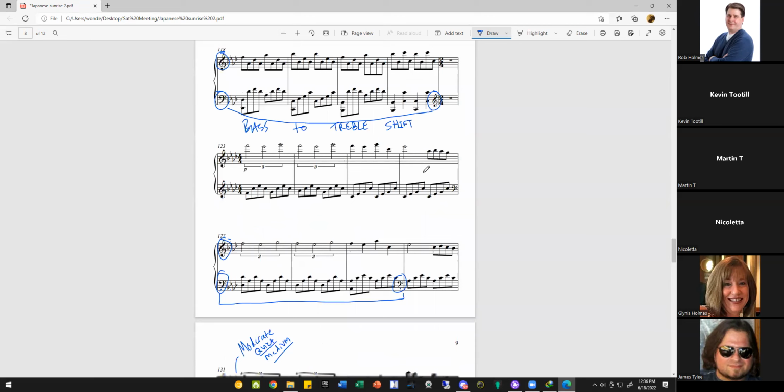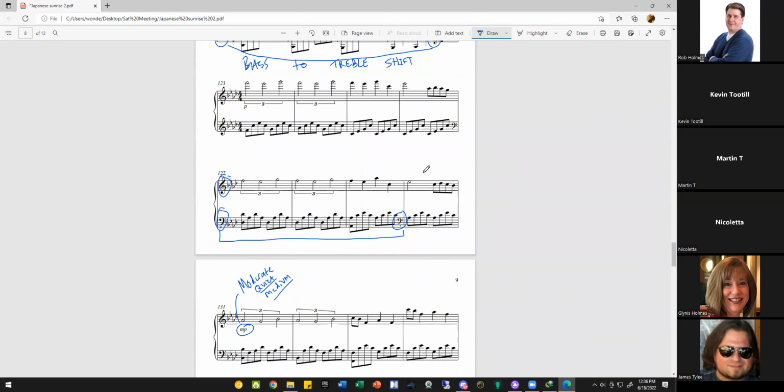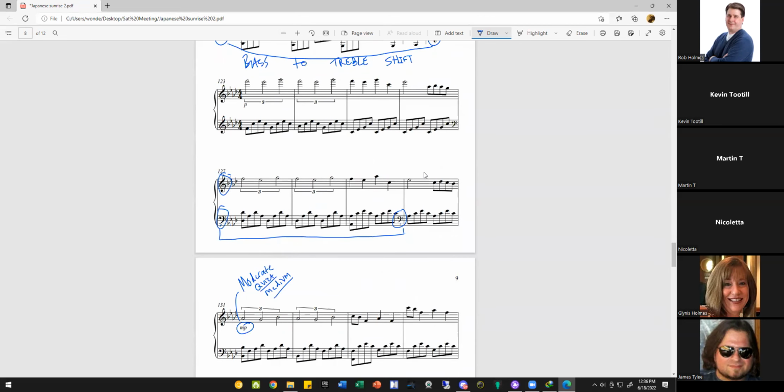Okay, so just to go back to this bass, why do we have a bass here and then another bass symbol here? It's a small one too. Ah, yes, this is a mistake. You're right. Very good, Martin, you're a fast learner.